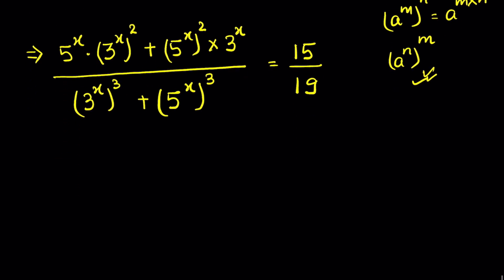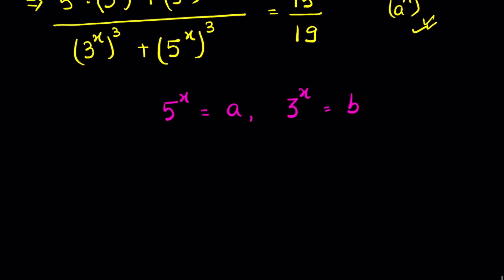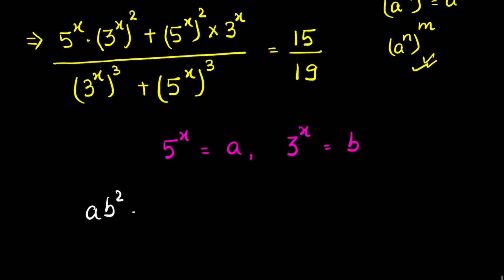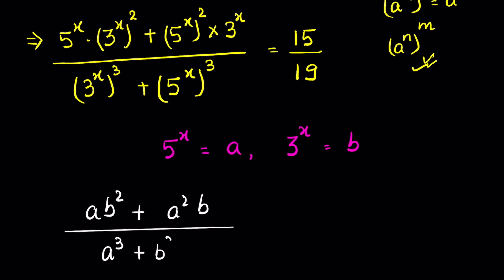Now, if we consider 5 raised to the power x as a and 3 raised to the power x as b, then we have ab square plus a square b upon a cube plus b cube is equal to 15 upon 19.